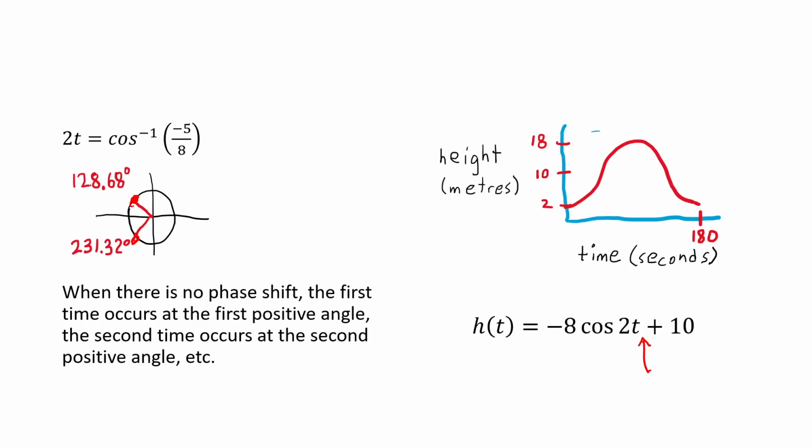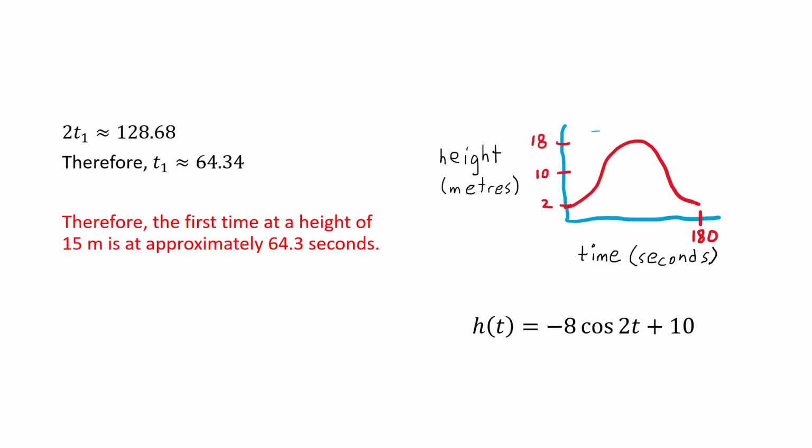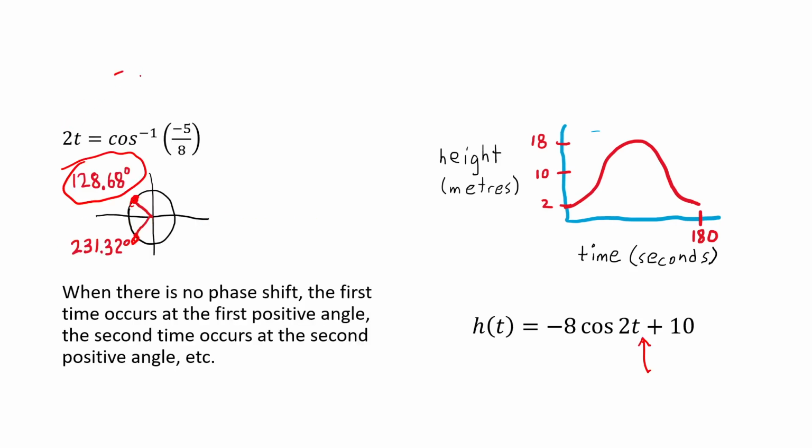So what we know is that this value right here of the angle, 128.68, corresponds to the first time that Nala is at the height, the elevation in question. Well, the angle was 2t, so 2t is approximately equal to 128.68.